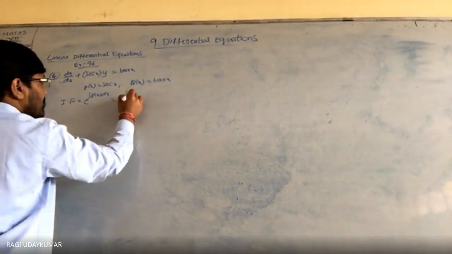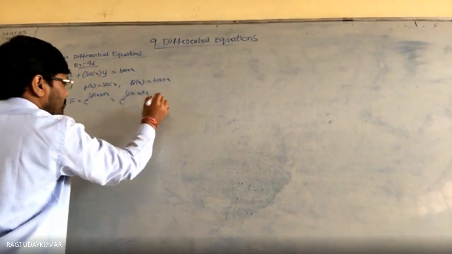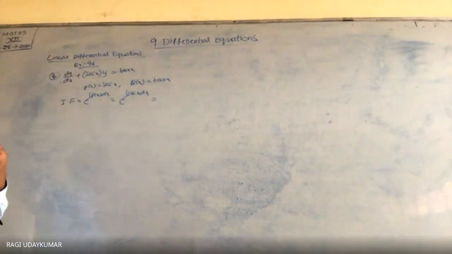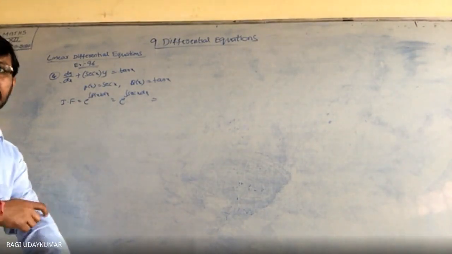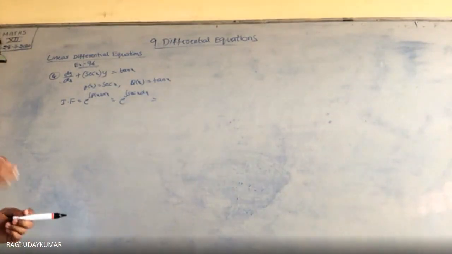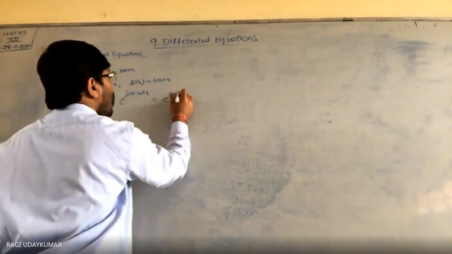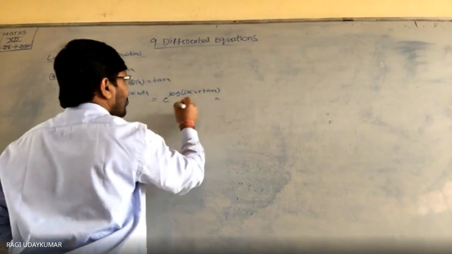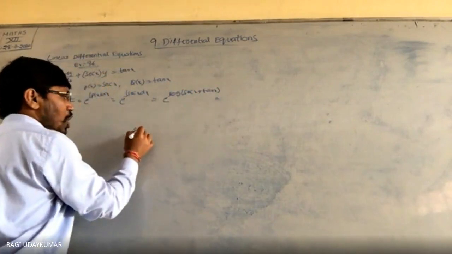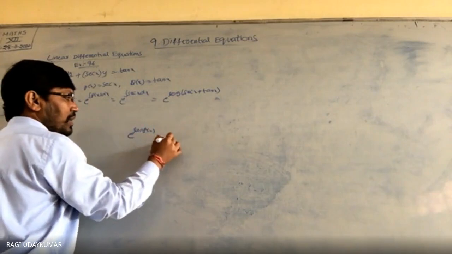So integrating factor is equal to e power integration of p of x dx, so e power integration of secant x dx. What is the integration of secant x dx? Log of secant x plus tan x. So e power log of secant x plus tan x. e power log f of x is nothing but f of x only.